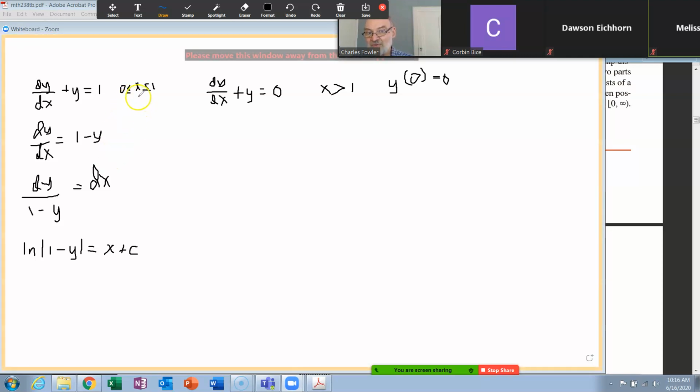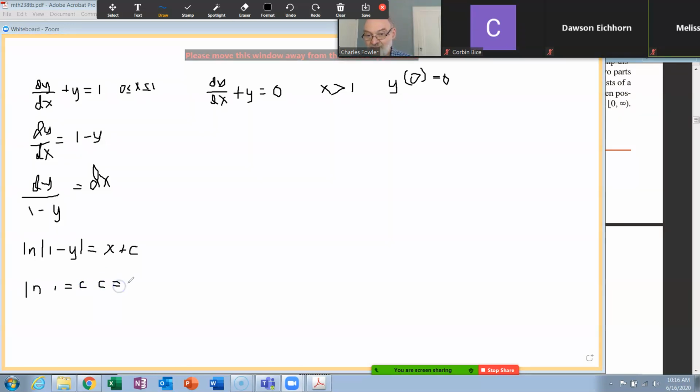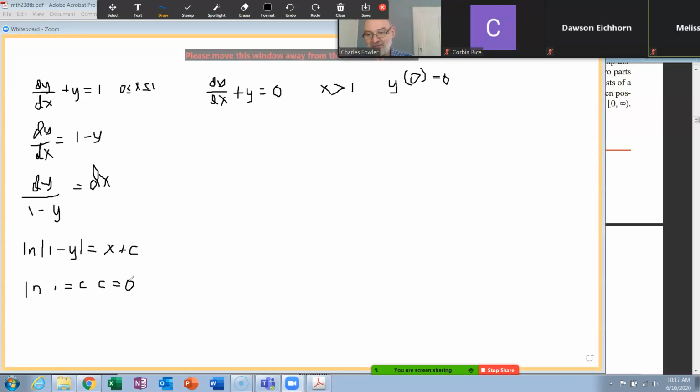So let's put x equals 0 and see what y gets. Well, that would be the log of 1, because y is going to be 0. Log of 1 we know is 0. And that's equal to 0 plus c, so c is equal to 0. All right, so we've got that side done.